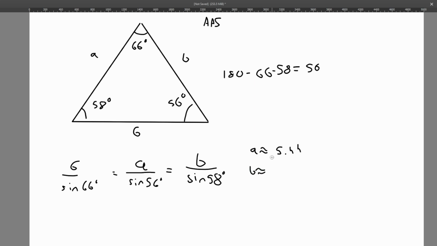And similarly, B would be approximately equal to 6 over sine of 66 multiplied by sine of 58, which is approximately 5.57. So as you can see, in an angle-angle-side triangle, we can use the law of sines to calculate all the side lengths.